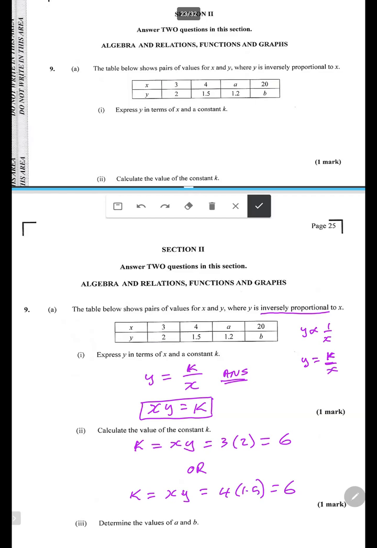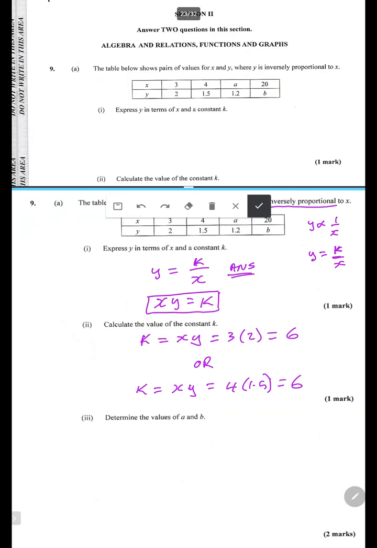In any case, it is 6. Therefore, xy will always be equal to 6, because k is 6 from this formula. 6 is a constant, it's not going to change. Constant means it's not changing.